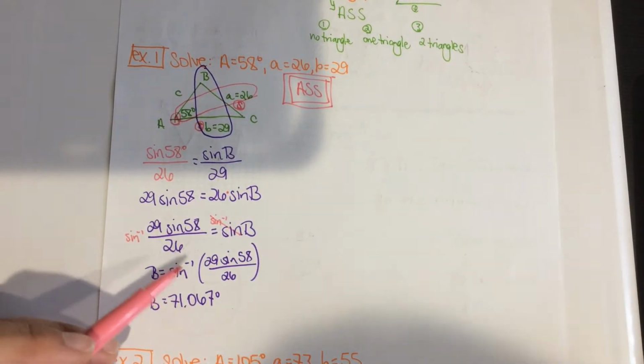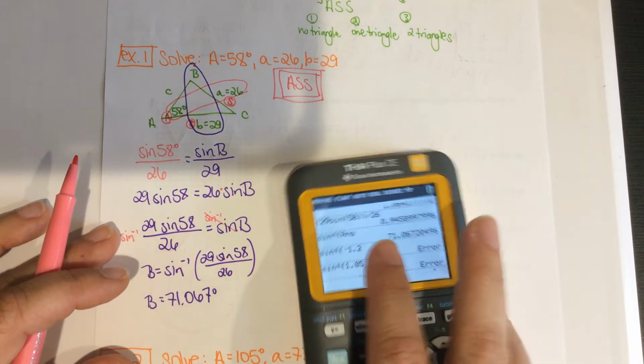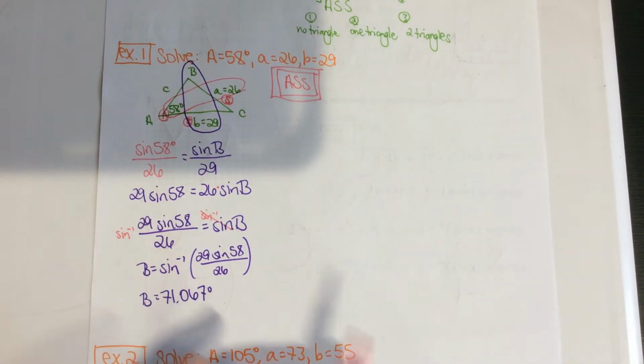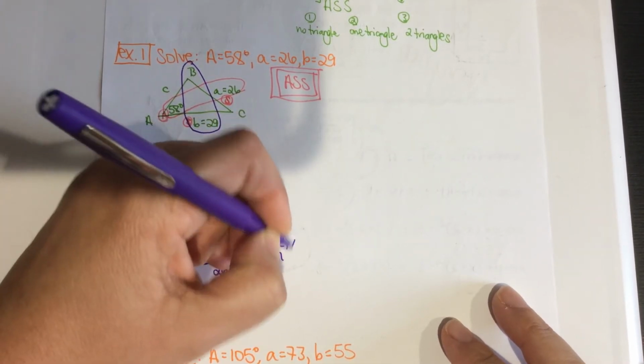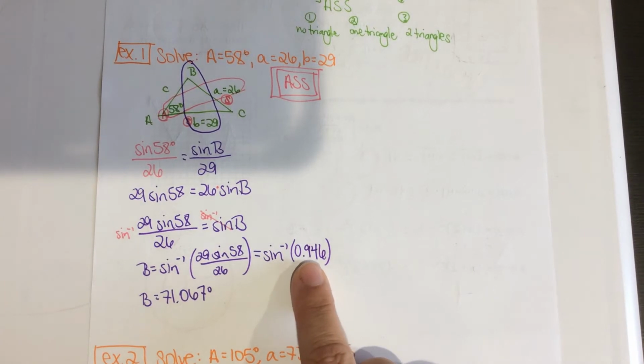We did sine inverse. Let me find that decimal again. 0.945, right? 0.946. You know what? I'm going to write that right here. So this is saying the ratio of sides is 0.946, and it's asking me for the angle. So I need to think, okay, the ratio of sides is 0.946. Where is sine positive?